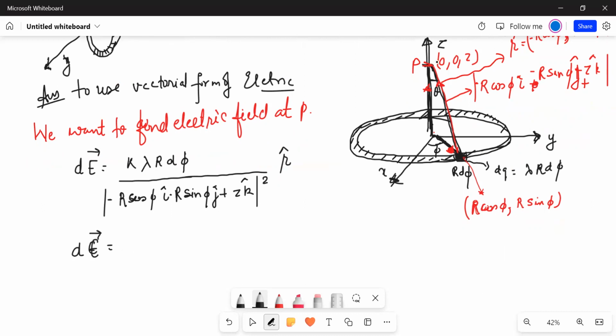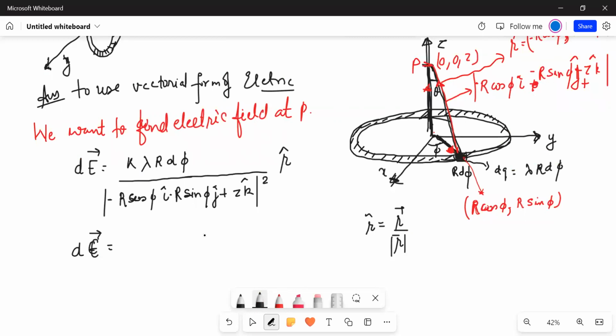So the differential element dE, that is the electric field due to this differential element at point P, is equal to this. And what would be r cap? R cap would be simply the r vector divided by the modulus of the r vector. And what is the modulus of the r vector?